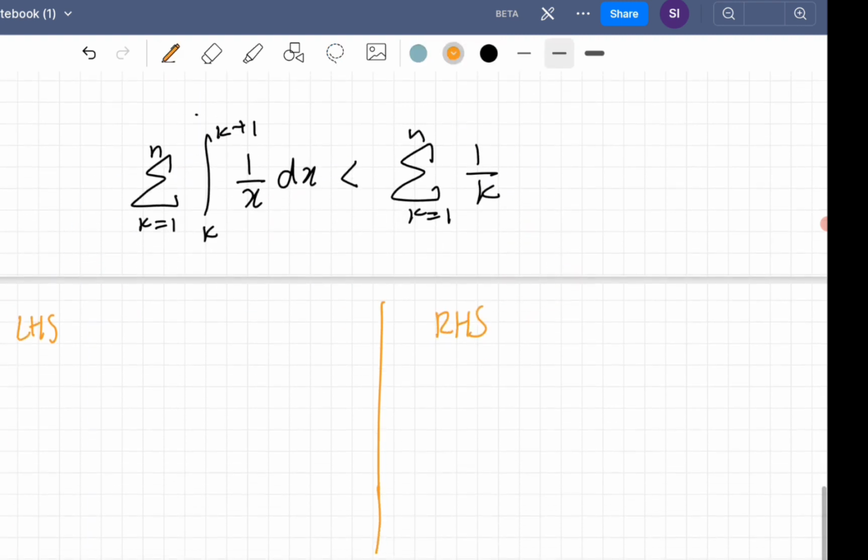On the left-hand side, let's replace k with 1 and then 2 and then 3 all the way up till n.